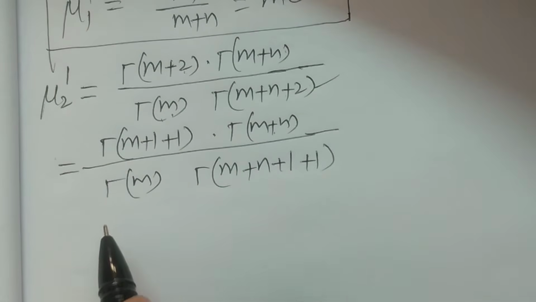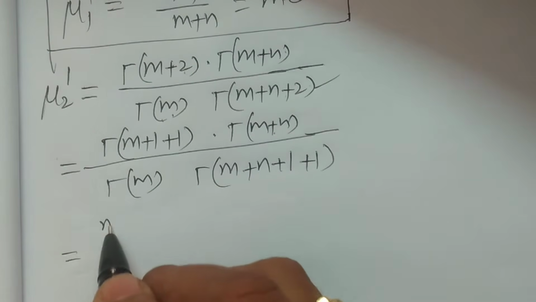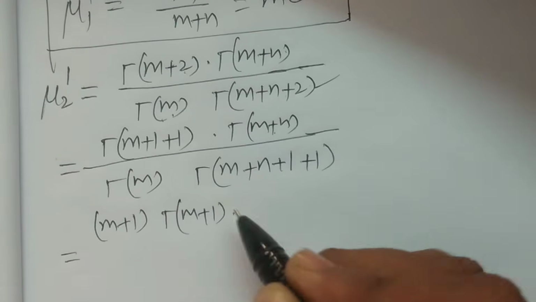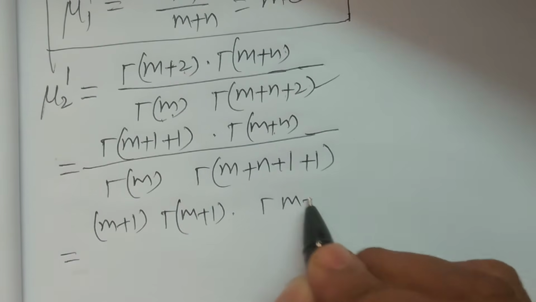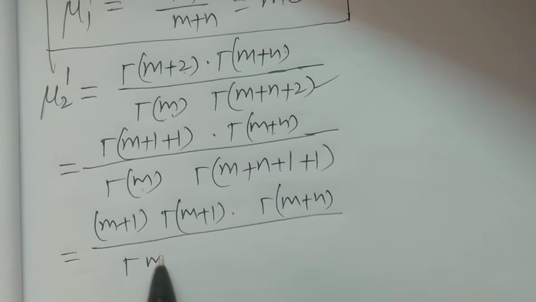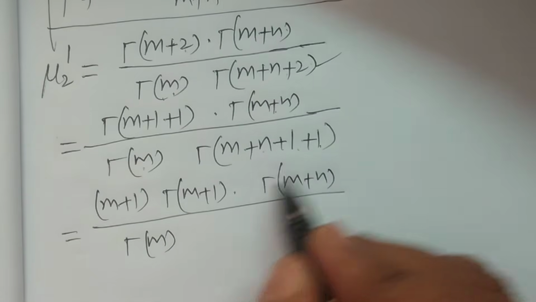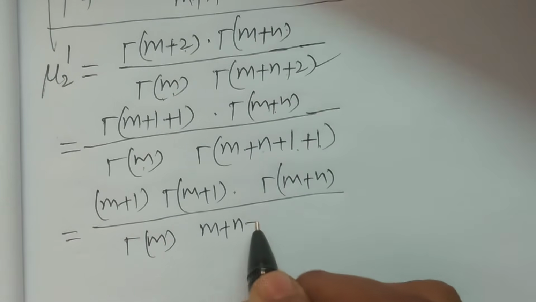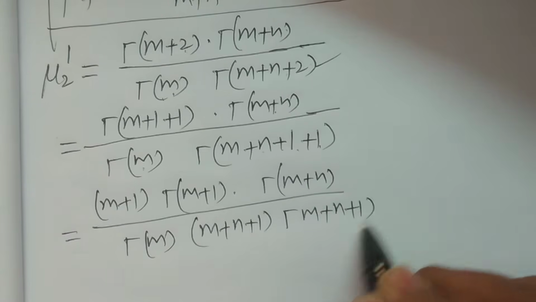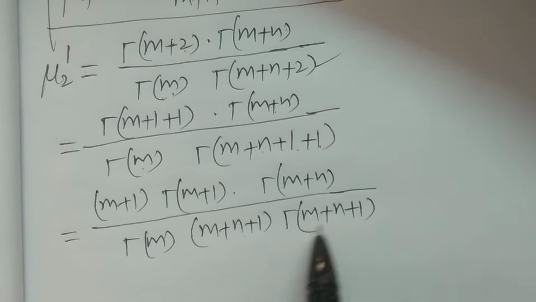Now you can write the formula: this is m plus 1 gamma m plus 1, multiplied by gamma m plus n, leave it as it is, divided by gamma m, leave it as it is. Now you write gamma of m plus n plus 1 plus 1, that is, m plus n plus 1 gamma m plus n plus 1. Is it okay? What I am doing is applying the formula m gamma m.